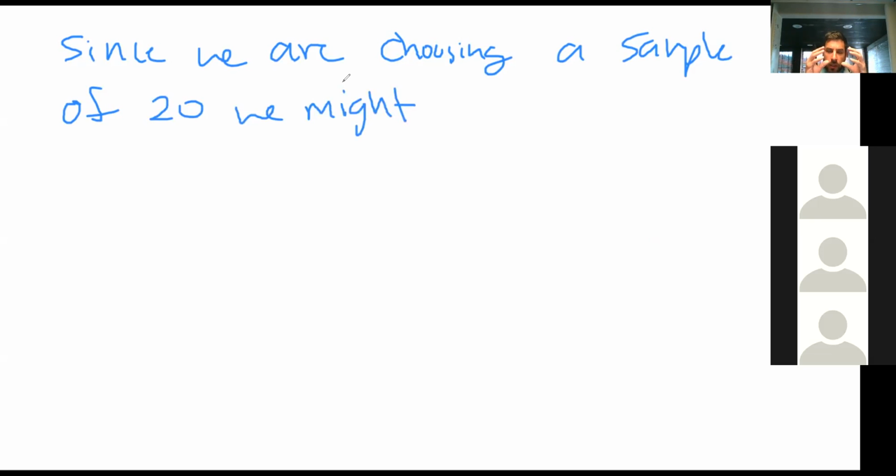We're choosing a sample of 20 children from all children. So since we're choosing a sample of 20, we might try to use the sample standard deviation.